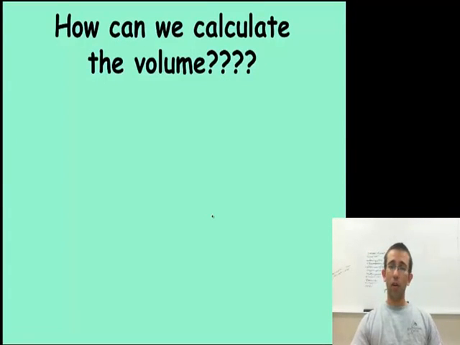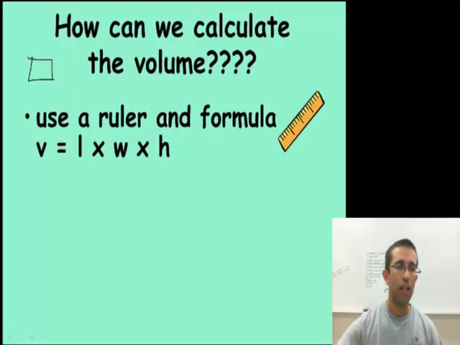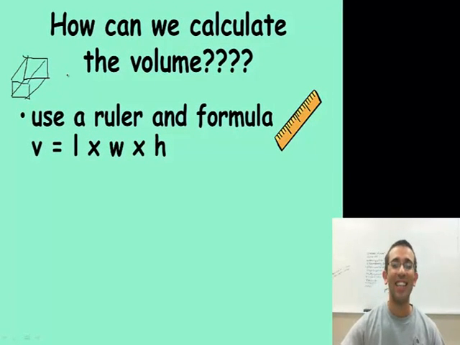How do we calculate volume? Well, there's a number of ways to do it. First thing, if I had a box, you're about to see Mr. McCoy's 3D drawings. You're going to love them. Look at this. Looks like it's coming right at you. So if you have a box and I want to find the volume of a box, you do length times width times height.